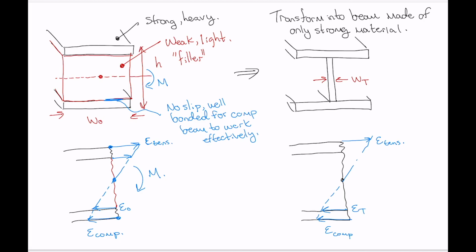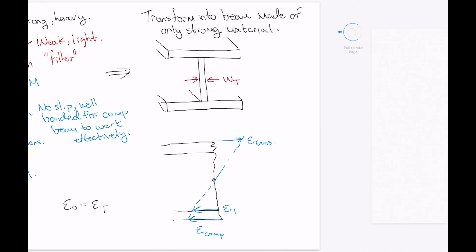So we want to have in these two drawings epsilon naught equal to epsilon t. So the original strain in the filler is equal to the strain at the same location in the transformed material. So let's work a little bit with this equation on the next page.